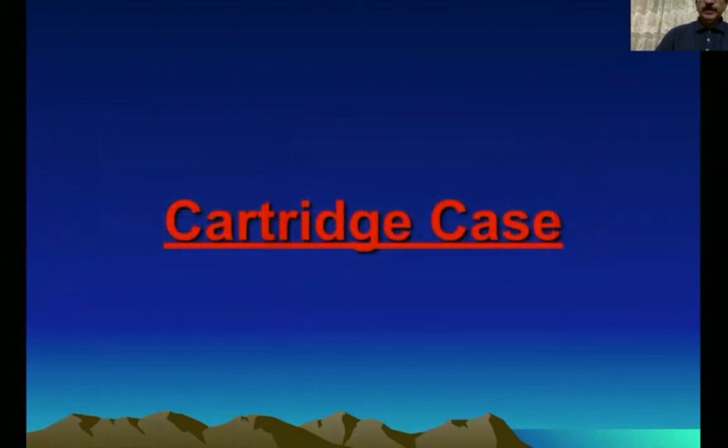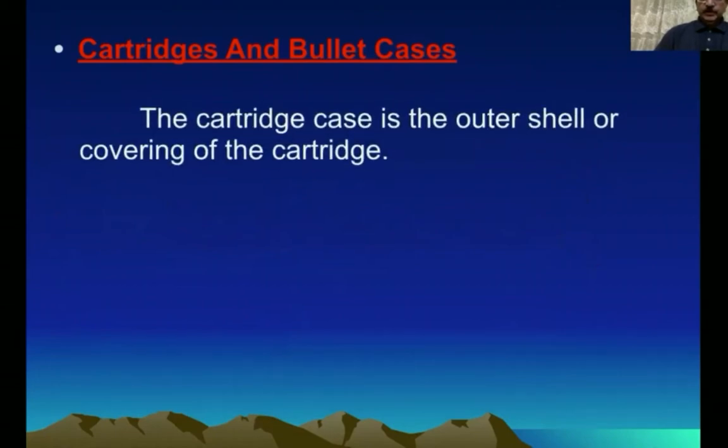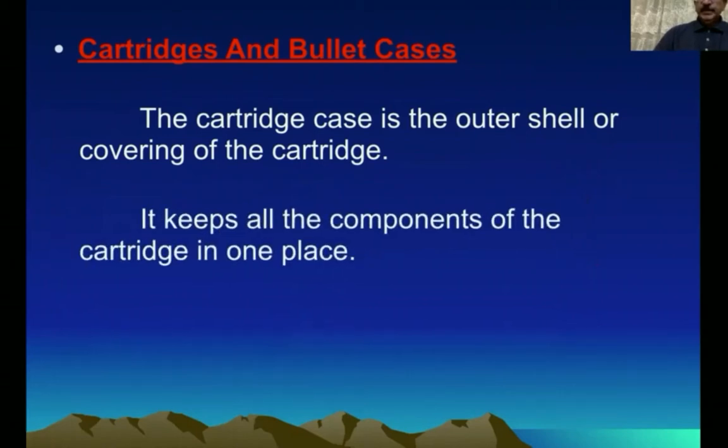Now about the cartridge case. The cartridge and the bullet both. The cartridge case is the outer shell or the covering of the cartridge, and it keeps all the components of the cartridge in one place.